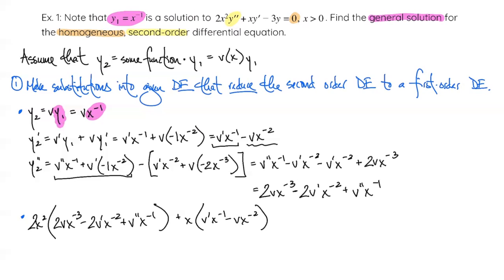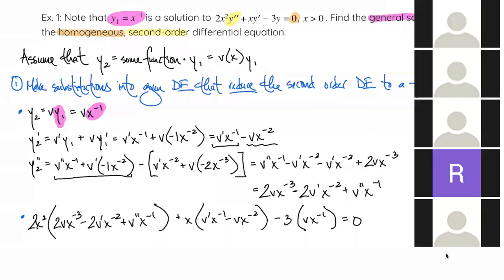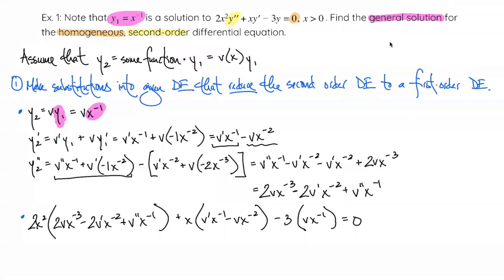So v prime x to the negative 1 minus v x to the negative 2. And we're going to finish off with minus 3y equals 0. So minus 3 vx to the negative 1 equals 0. So let me just pause for a moment. I know that's a lot of writing. How are we doing in terms of the process that we've made our first substitution, our second substitution?